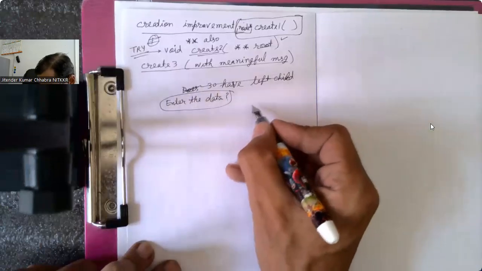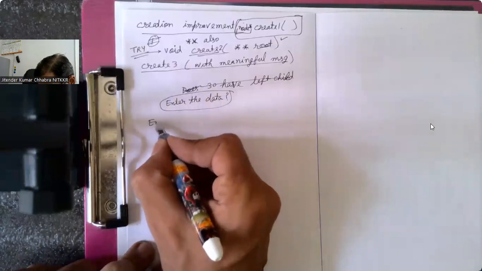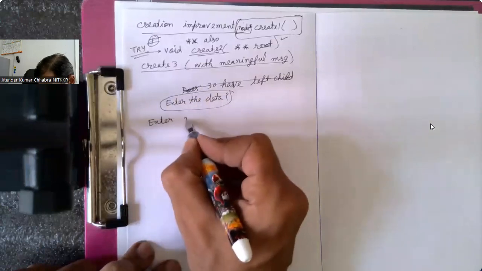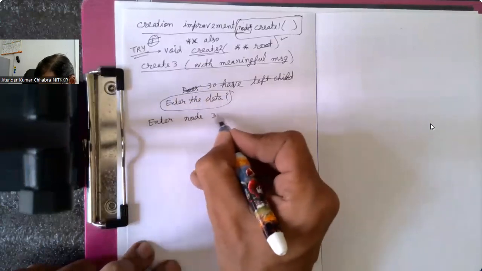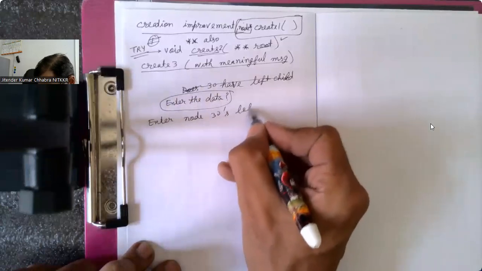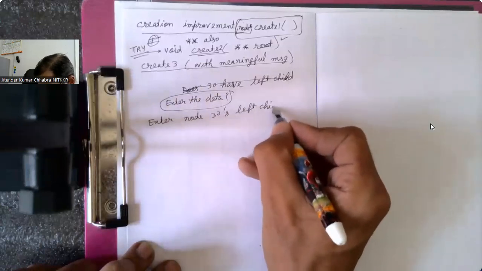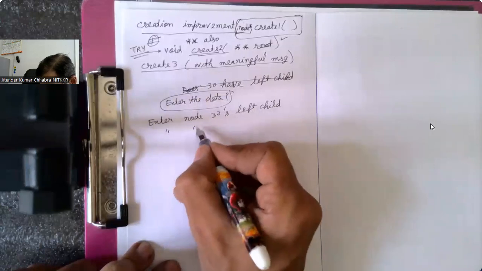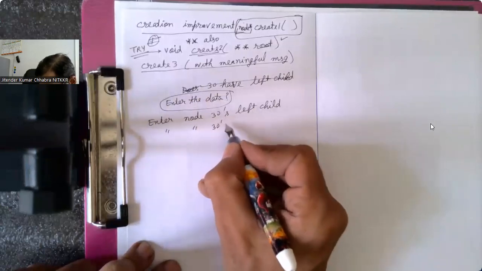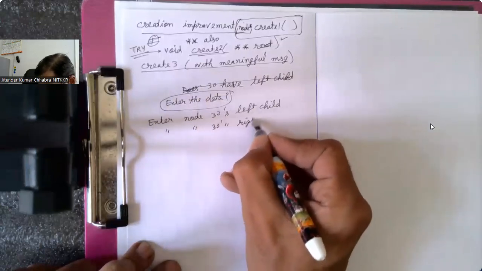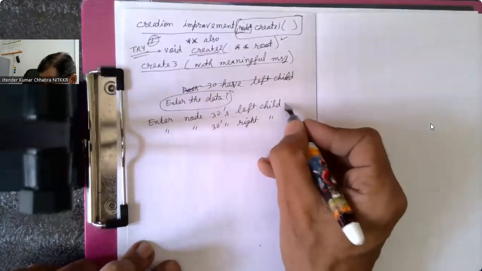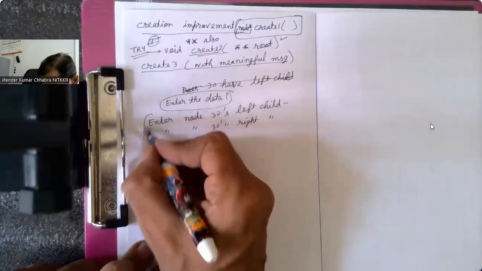If I get a message, enter node 30's left child, or I get the message, enter node 30's right child, then the message will be meaningful.